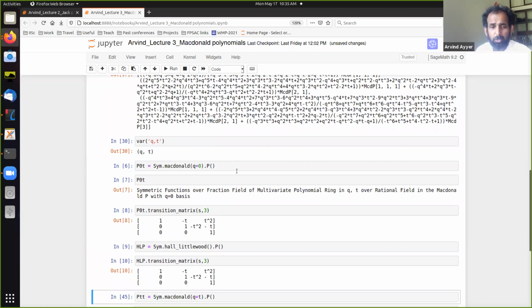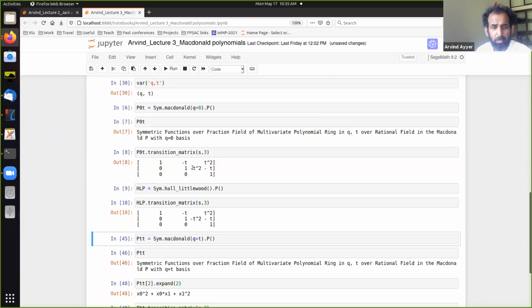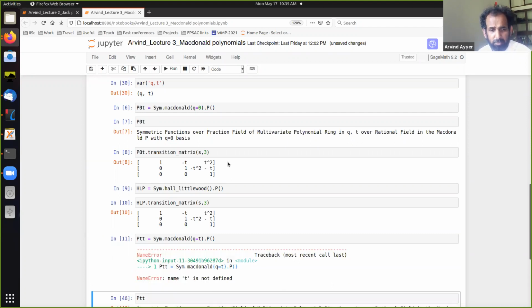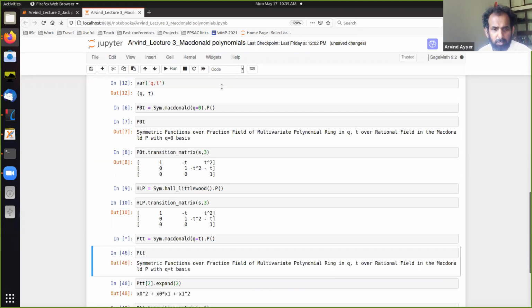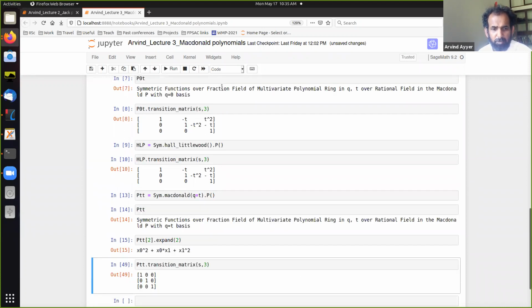So you can automatically get all the known guys inside Macdonald. So PT1 is with q equals 1. I haven't defined these variables, we can do that. And then if I expand them in Schurs, I get the identity matrix, which means they're Schurs.